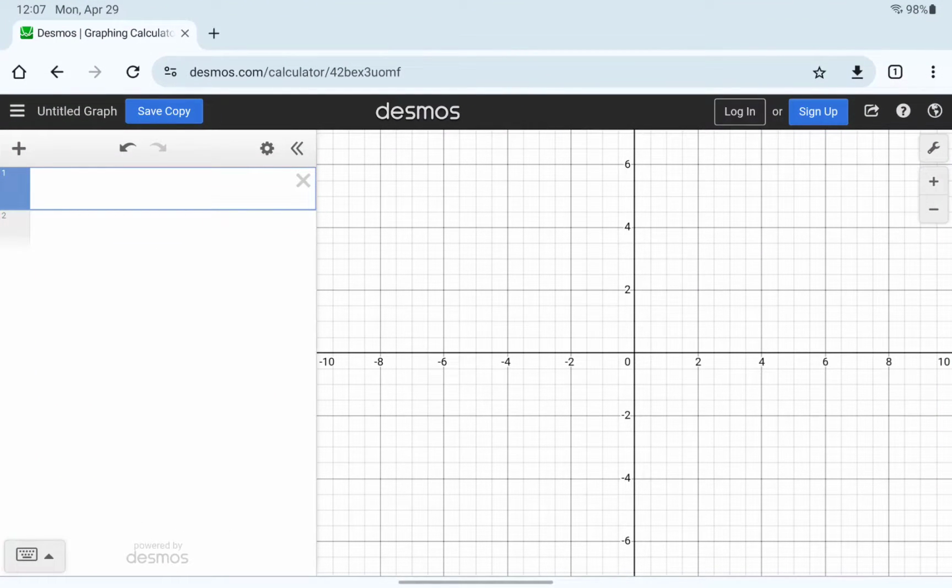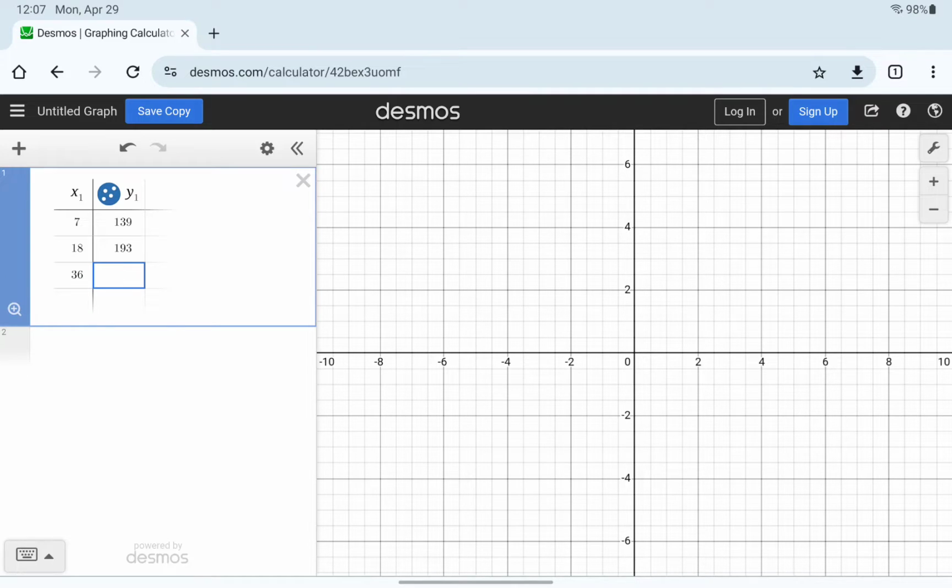To construct this scatter plot, we'll go to Desmos and using that plus icon, create a table, and then we'll just type in these data values. We'll let X equal our value for roller coasters and Y equal the value for tsunami aid. Since these are paired data sets, it's going to be important that we keep those pairs connected.